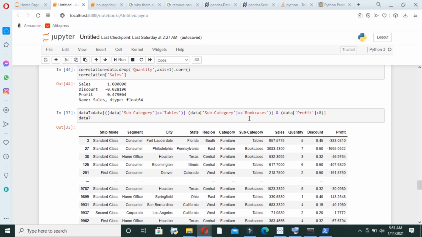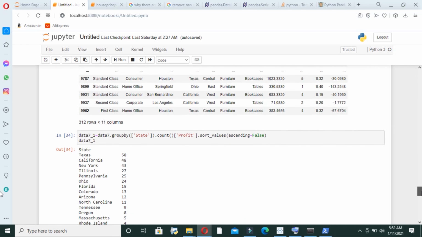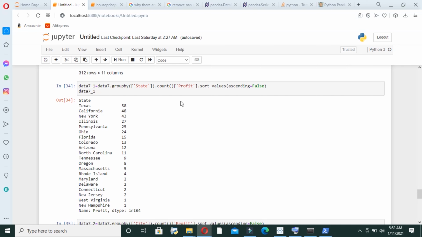Here I took out the rows from our earlier data in which the subcategory is tables and bookcases, and the profit earned is negative. Then I found the count of these negative sales in various states.